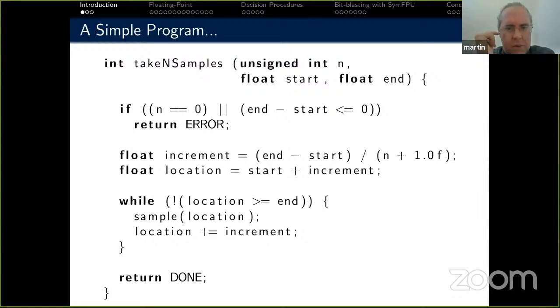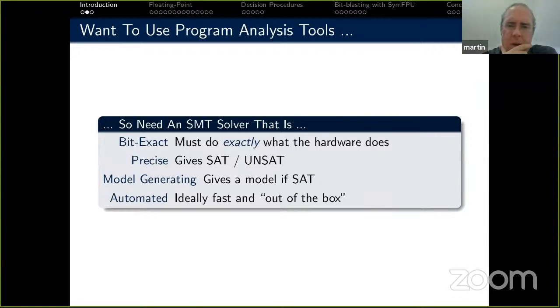How many sample points do you get? Is it always there? If we're going to automate questions like that, then what we'd really need is a box that can reason about floating point. And specifically, we need it to be bit exact.